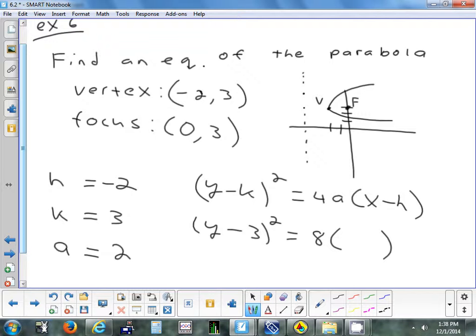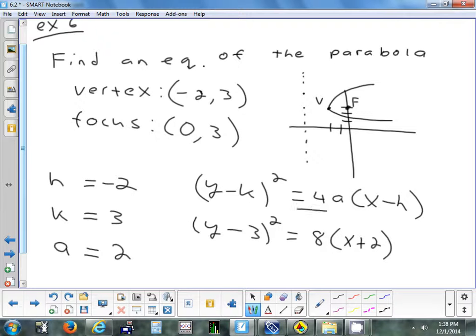How would you write that here? Why is it going to be x plus 2? Yes, minus a minus. It's x minus negative 2. So when you have minus a minus, it becomes plus.